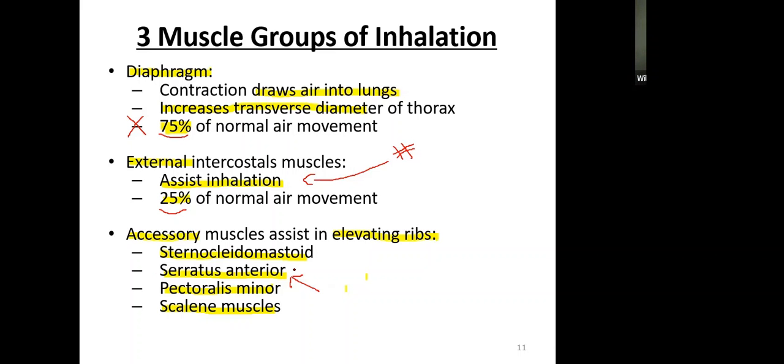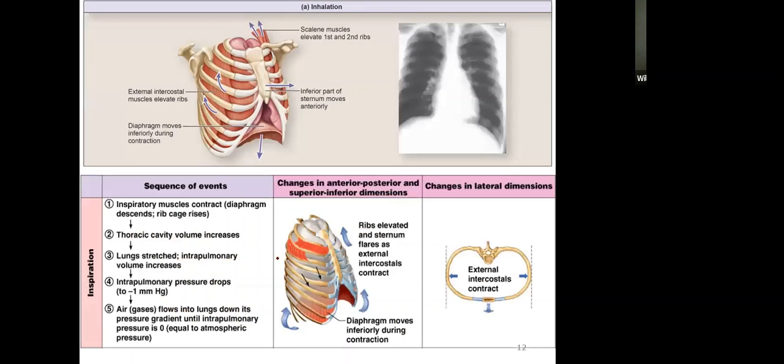So on horses that are suffering from pulmonary problems and pulmonary diseases, the serratus anterior becomes more enlarged. So that's their accessory muscle. I slightly went off topic there, but you don't tend to see it so much in humans. In animals, in horses particularly, you see an enlargement of the serratus anterior. In humans, it tends to be the scalenus and even the sternocleidomastoid, but mainly the scalenus muscle.